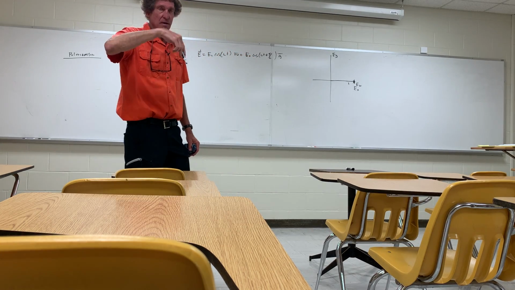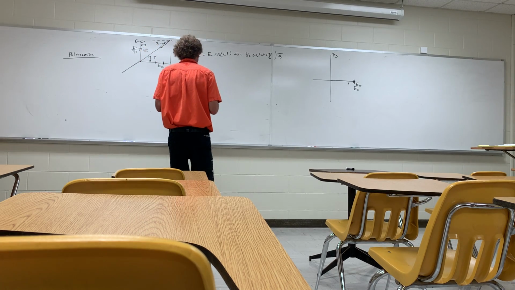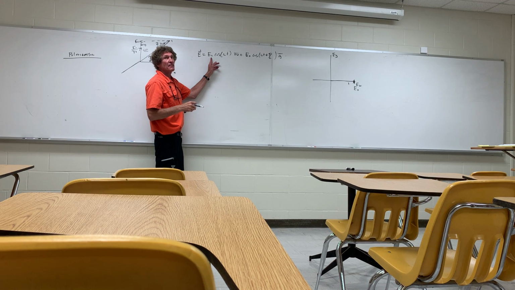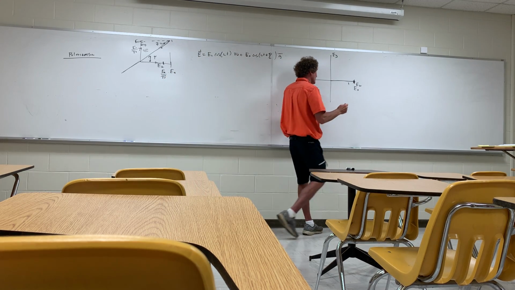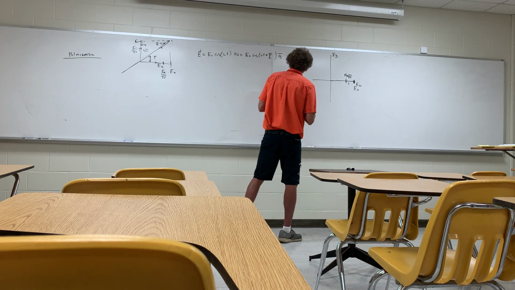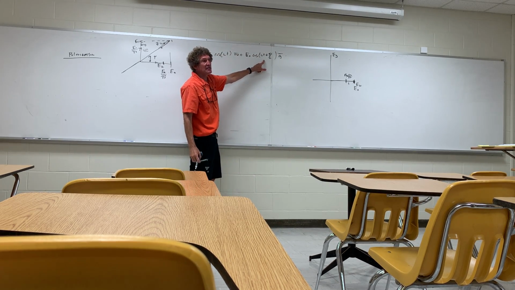Now, turn the dial. When omega t is 45 degrees, cosine of 45 is 1 over square root 2. So I know on the x-axis here, it's going to be a little less. It's going to be E naught over square root 2. Correct, class? Now come over here. What's the cosine of what? 90 and 45 is 135.